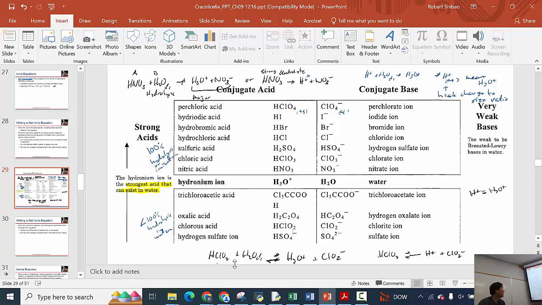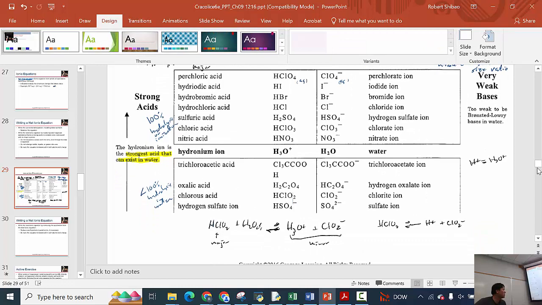No, I'm saying that if you have 100%, that means there's nothing left over here. It's 100% forward. That is, all the nitric acid molecules react with water, leaving none left. And so that means all we're left with is this. There are no minor species. So strong acids have only one kind of species, the ions. And weak acids have major and minor species. Yeah, and the major species is the molecule, the weak acid.